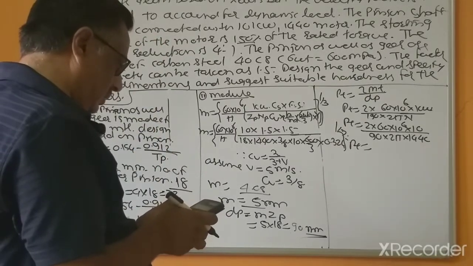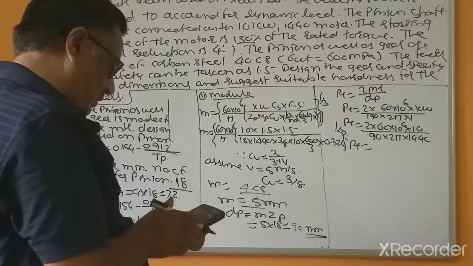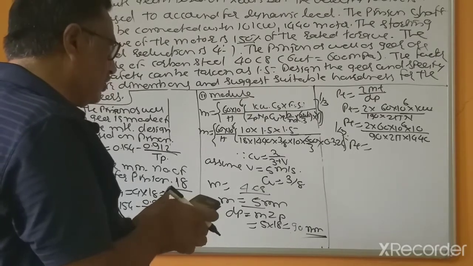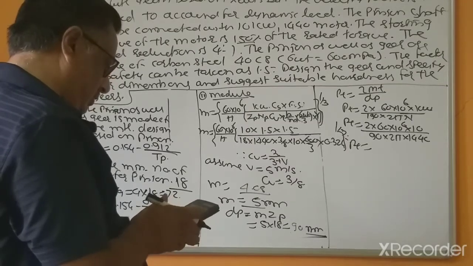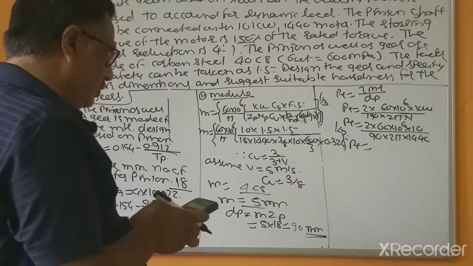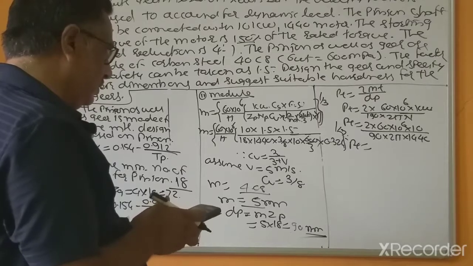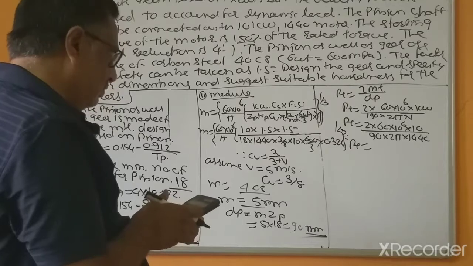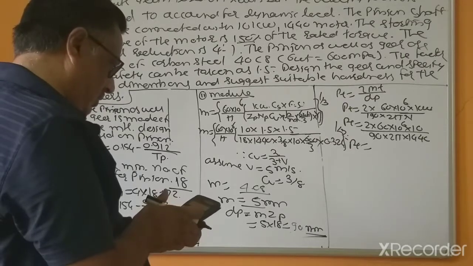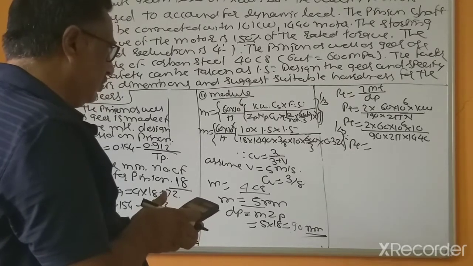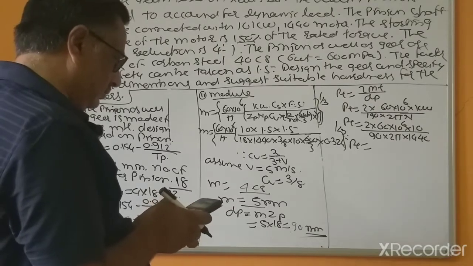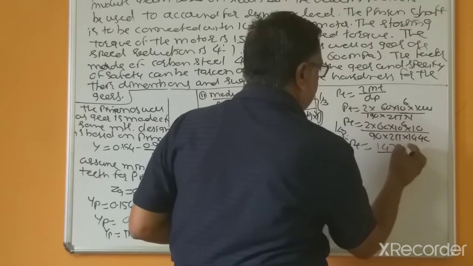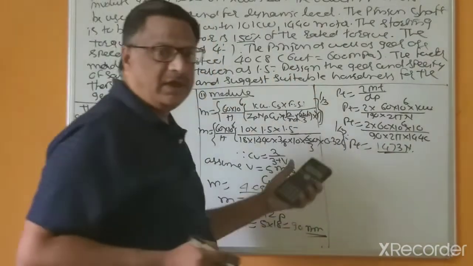Divided by, 2 into 60 into 10 to the power 6 multiplied by 10 divided by 90 divided by 2 divided by pi divided by 1440. So this is equal to 1473 Newton.